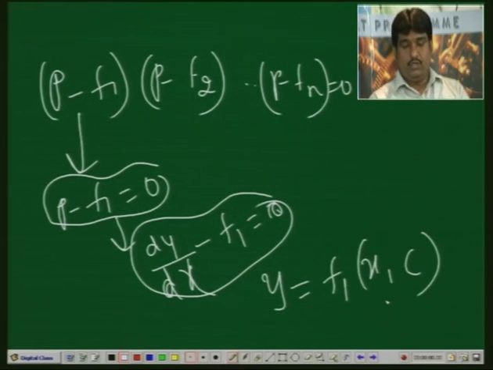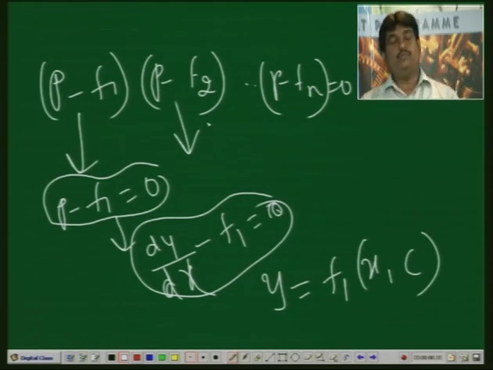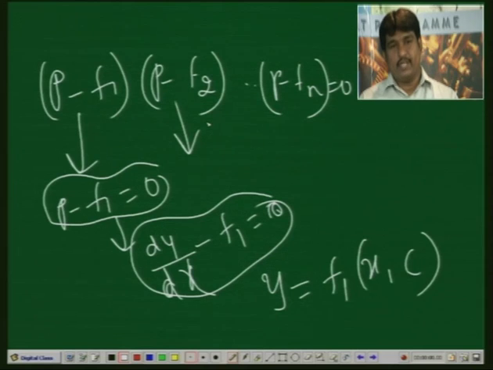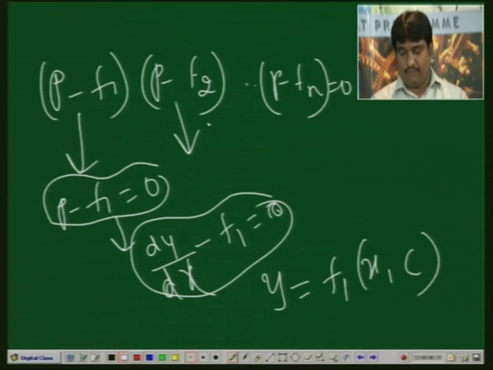Similarly, consider p minus f2, equate that to 0. P minus f2 equal to 0 implies dy by dx minus f2 equals to 0. Again a linear differential equation in y and x. Solve that equation by known techniques to get one more solution y equals to some capital F1, capital F2 of x comma c equal to 0, and so on.